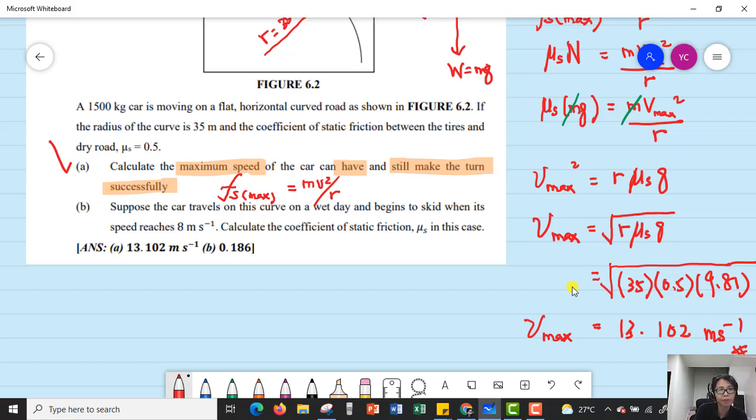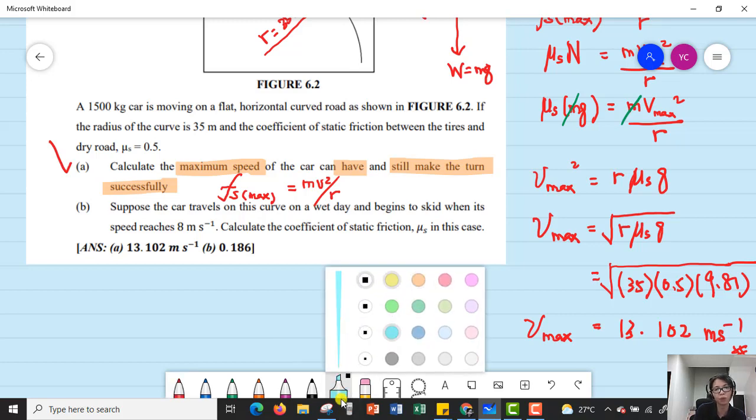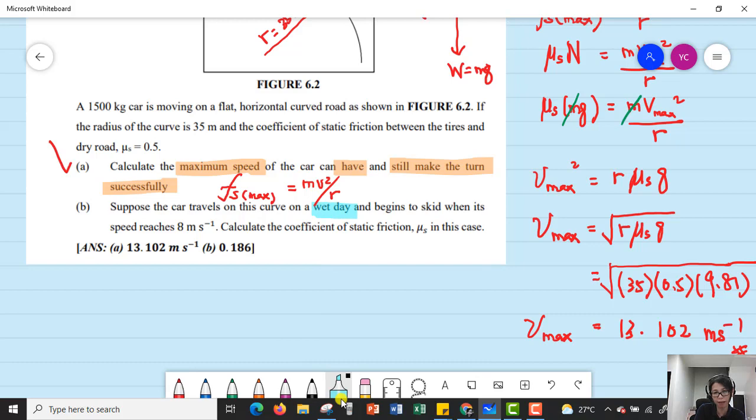Then for question B, suppose the car travels on this curve on a wet day. So now maybe it is raining, so the road becomes wet, and we find out that it begins to skid when its speed reaches 8 meter per second. We want to calculate the coefficient of static friction in this case.